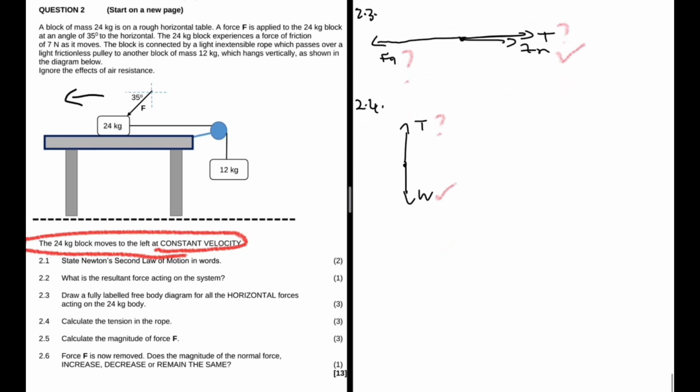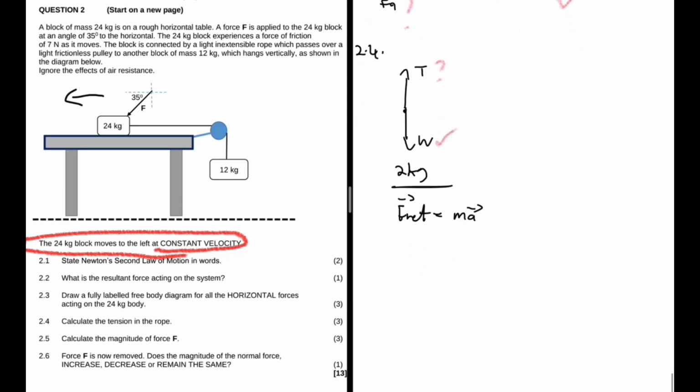So for the 12 kg block, we have F net equals the mass multiplied by the acceleration. It's just two forces: the weight minus the tension is equal to ma. The order really doesn't matter, but usually I start with the bigger force and subtract all the other forces.